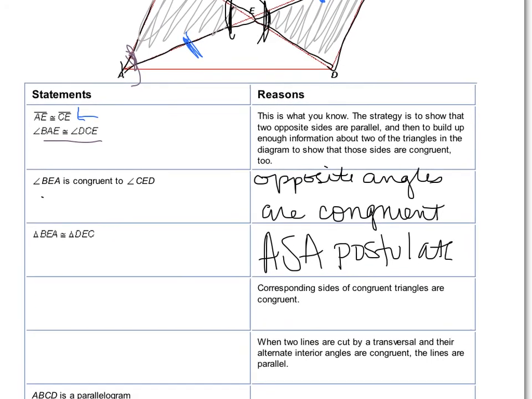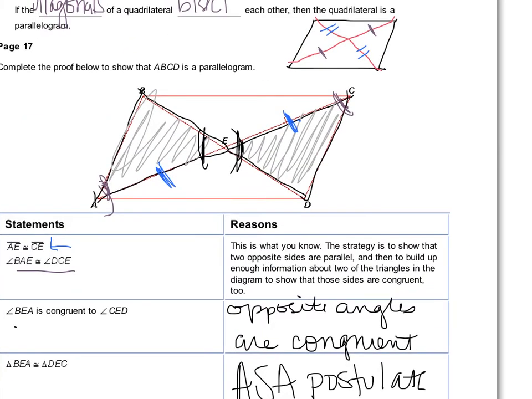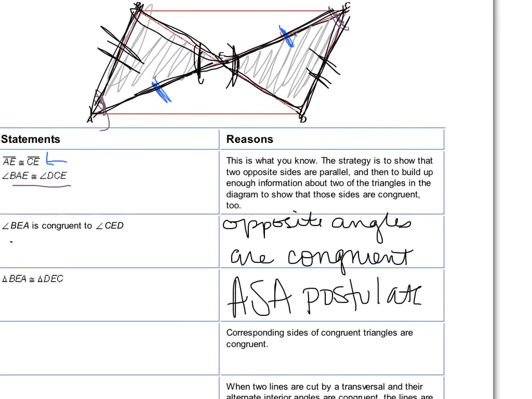Well, that's what we know now. Because we know these two triangles are the same, then by definition, this side and this side must also be the same. So our next statement that we can say is that side AB is congruent to side CD.